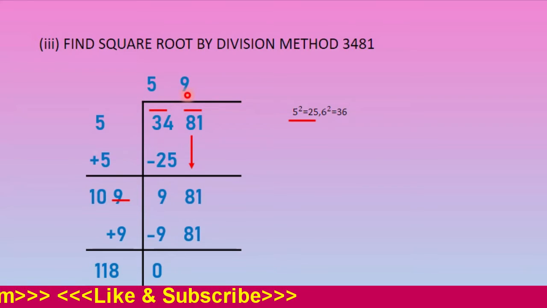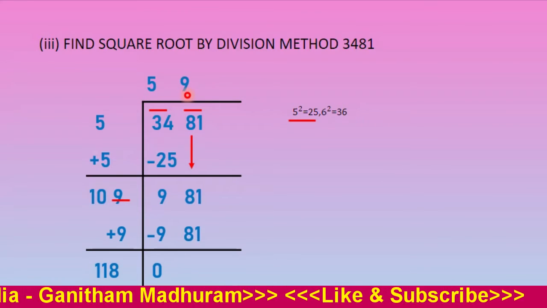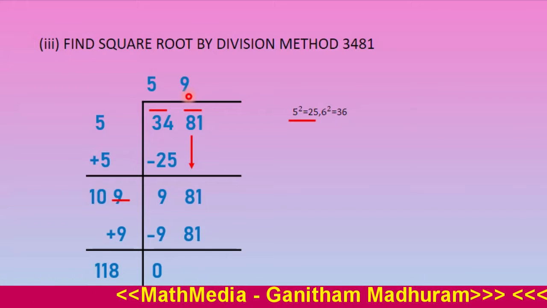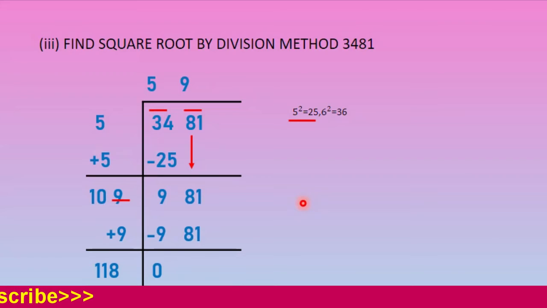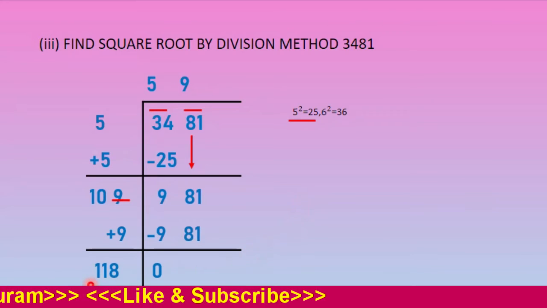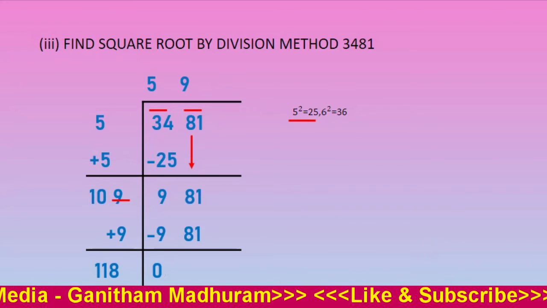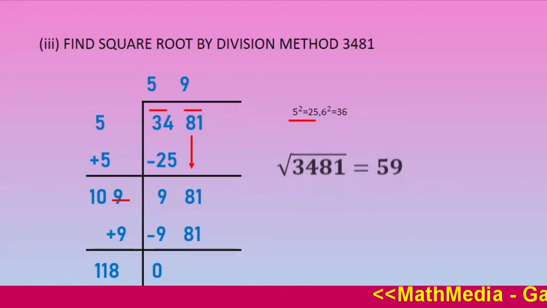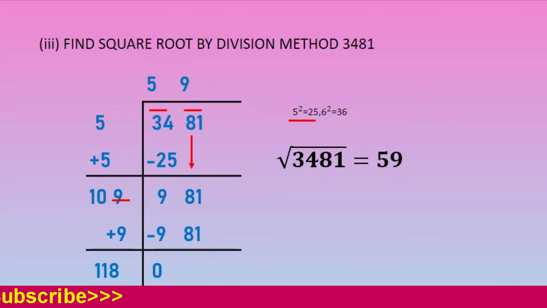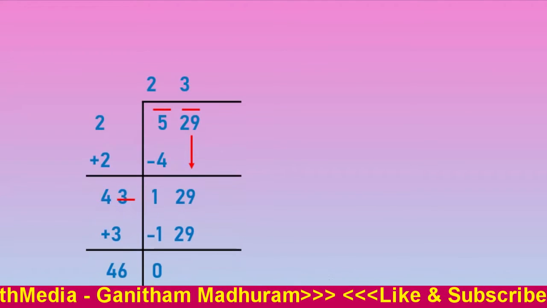We can check whether it is the square root of 3481. How? You can multiply 59 by 2. So we are getting 118. That means the square root of 3481 is 59.